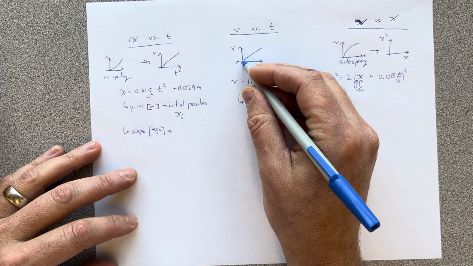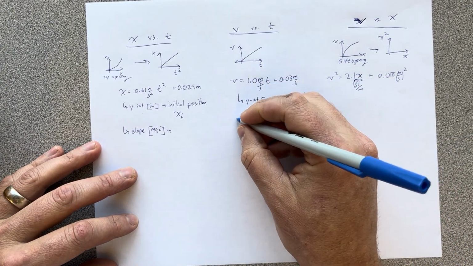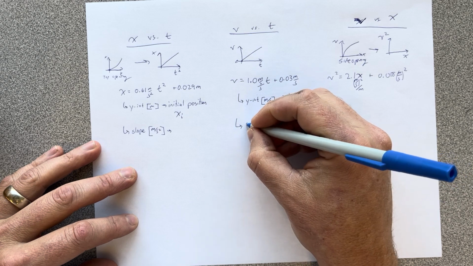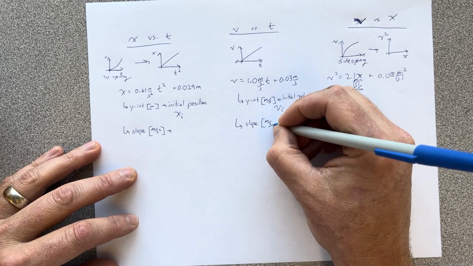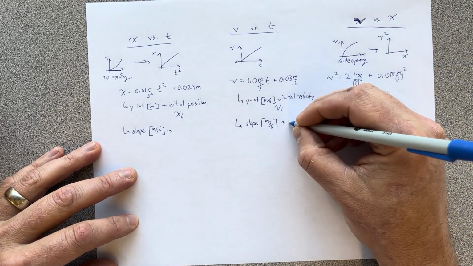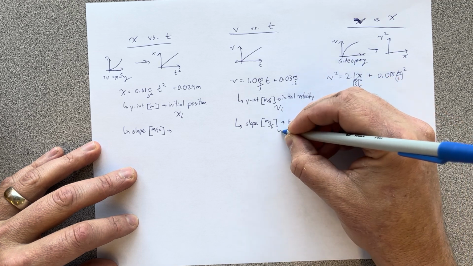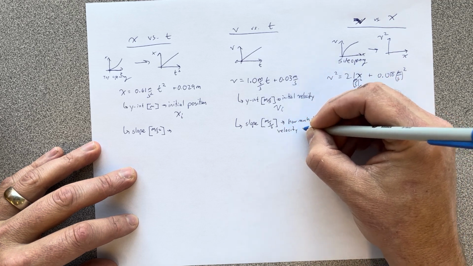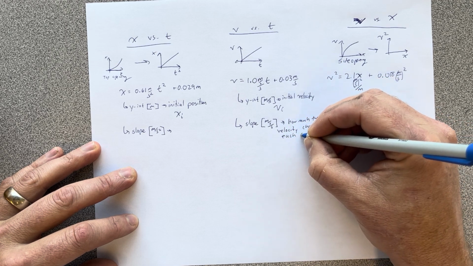It's the velocity when time is 0. So it's the velocity when you first start moving. Now the slope of this line, this is the big one. The slope of this one is meters per second per second. So it's how much the velocity changes each second.